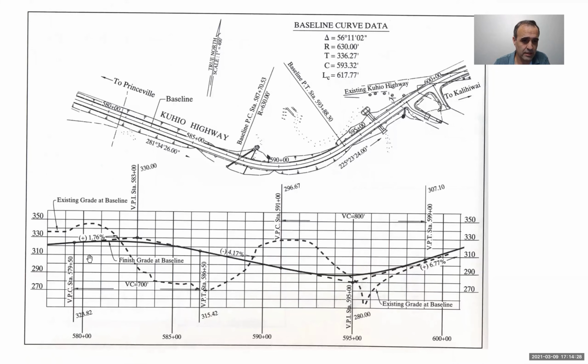You also have here the vertical alignment. In this case, on this length, which is about 580 to, we have about 20 stations, at least from here to there. And the same length, you see it here, right? In that same length where we have one horizontal curve, we have 2 vertical curves.